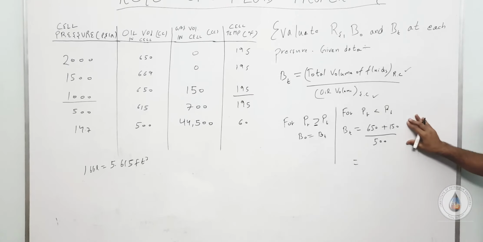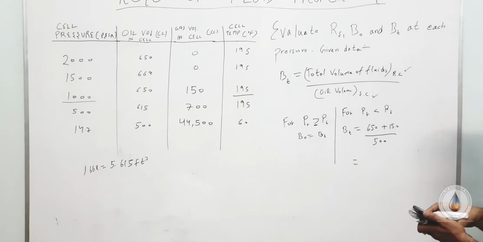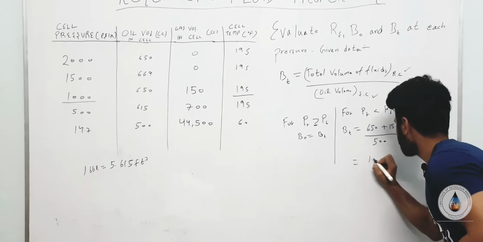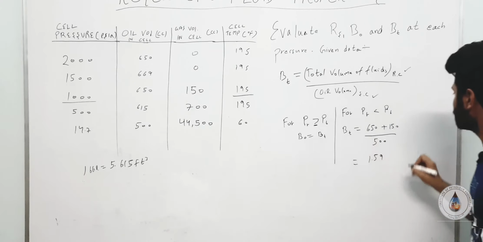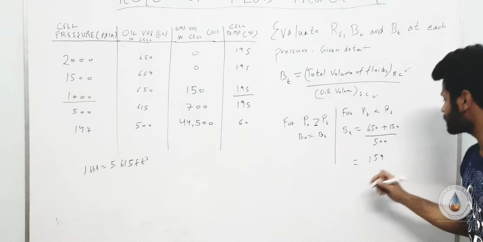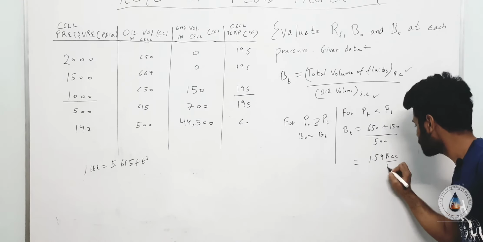So from here I'll get my value of Bt, which will come out to be 1.59. Here again it was reservoir cc, I can write it as RCC upon SCC.